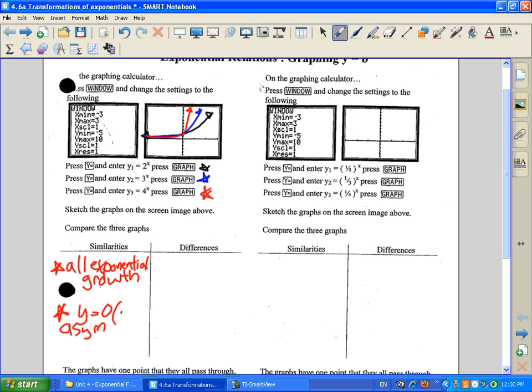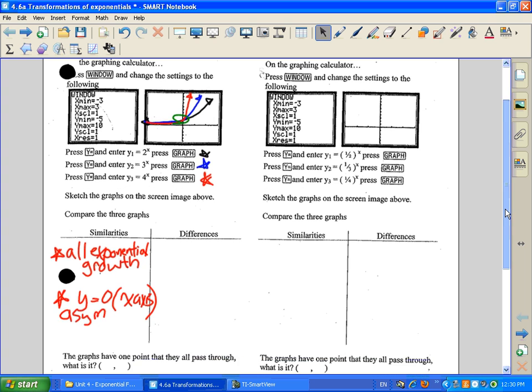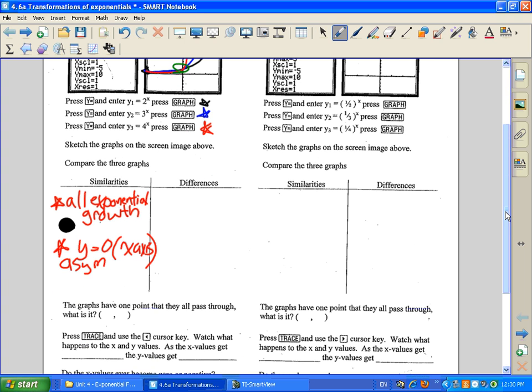Or you can just say x-axis if you want. And we also notice that there's a common point here, ladies and gentlemen. They all go through the point or the y-intercept of 1. So y-intercept equals 1. So down below here it says the graphs have 1 point that they all pass through. We might as well do that since we're there. 0 and 1, which is your y-intercept.